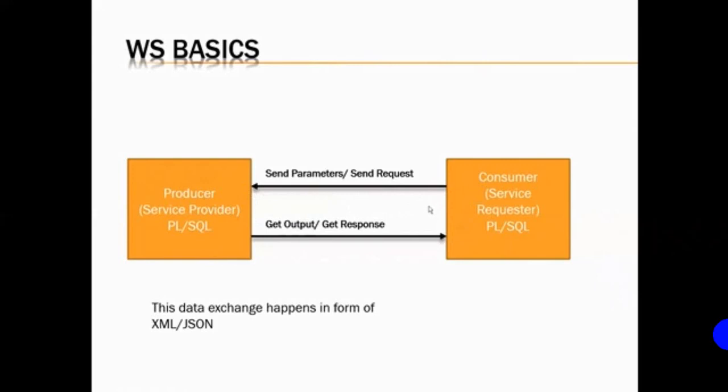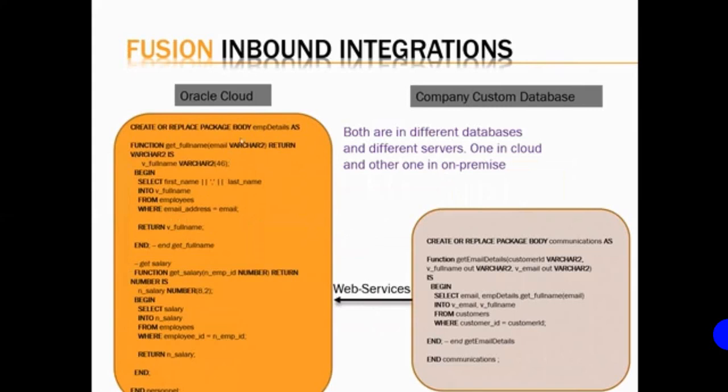It is good to know that they can talk to each other. But for the consumer to talk to the producer, the consumer should know the specification. Get full name is there. What does get full name take as an input parameter? What does it return? How do we know what it takes as input and gives as output?